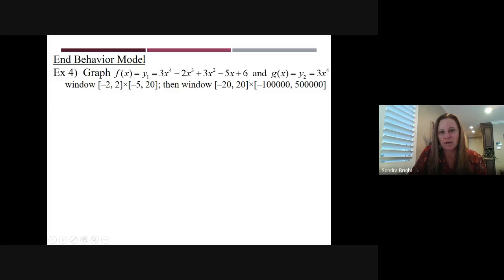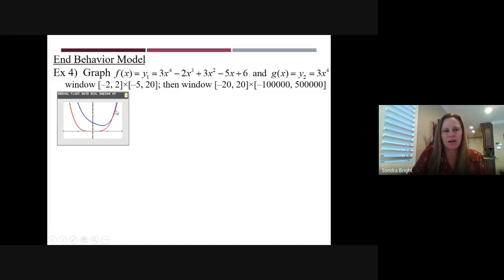It's just that this one has a whole bunch of other junk added after it, which is a lot more common when we're looking at polynomials. Here's what the graph should look like. This one right here would be y2, the 3x to the 4th, versus the wonky one that has all of these other numbers after it. So that's in this original window.